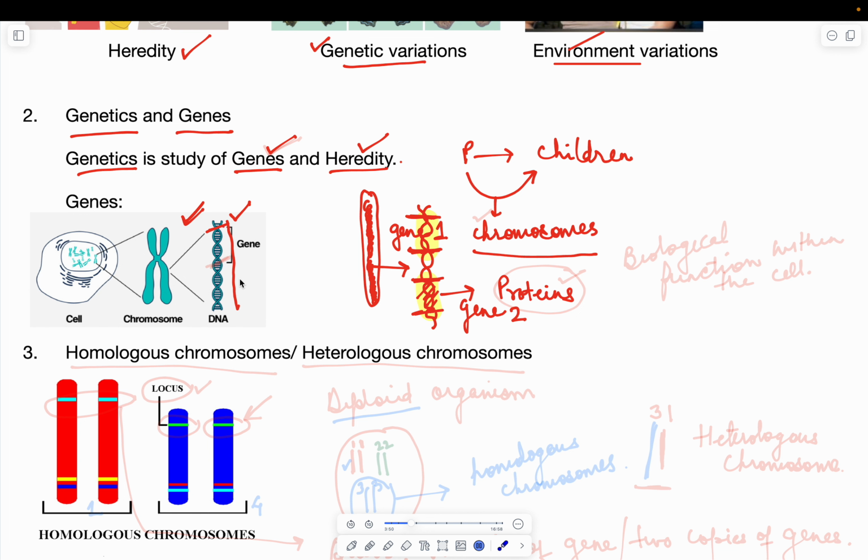Only some part of the DNA which codes for the protein in a cell is known as a gene. So why do we look similar to our parents? The reason is that we inherit chromosomes, and chromosomes are the carrier of the genes, and genes are the part of the DNA that codes for the protein, and this protein has some biological function within the cell.